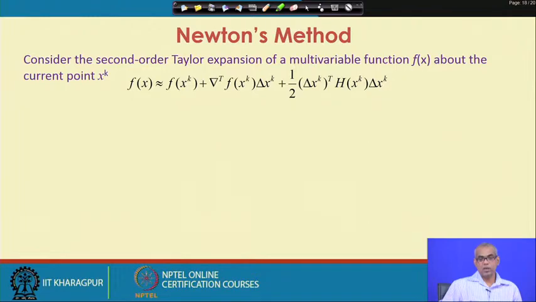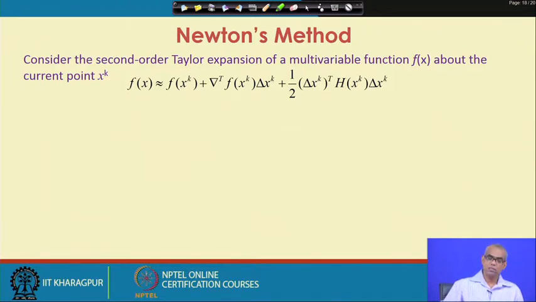So, consider the second order Taylor expansion of a multivariable function f x about the current point x k, and we obtain the approximation as f x equal to f of x k plus gradient of f at x k into del x k plus half into del x k transpose into H at x k into del x k.